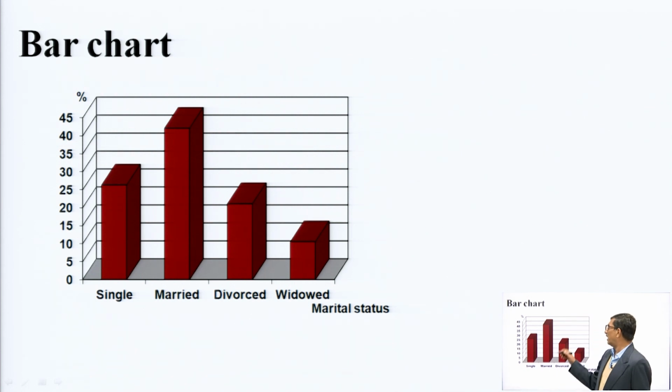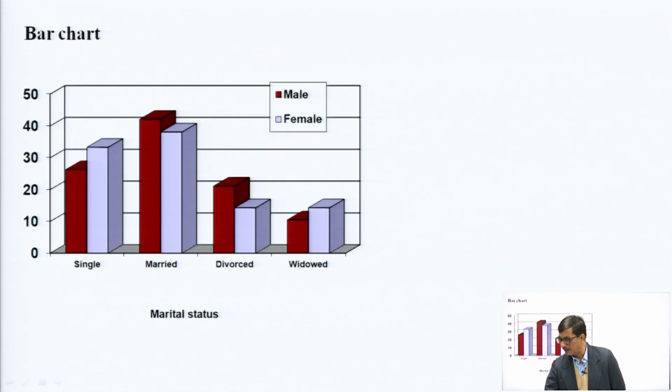This is the simple bar chart in which we have some data. This is a cluster bar chart in which we have male and female. This is a simple bar chart.